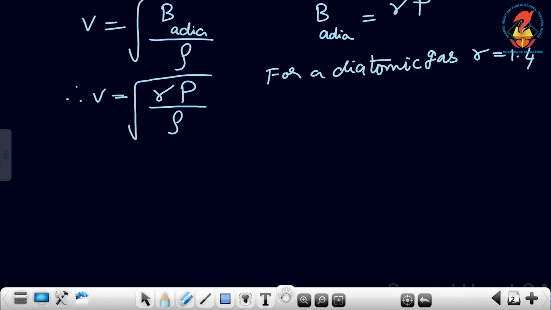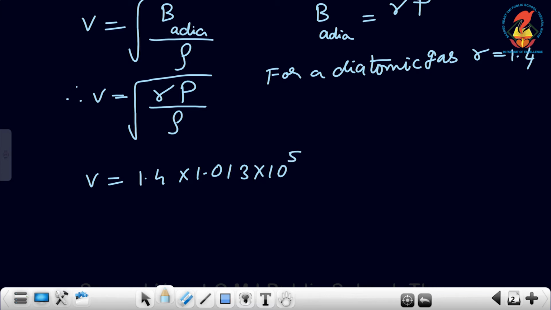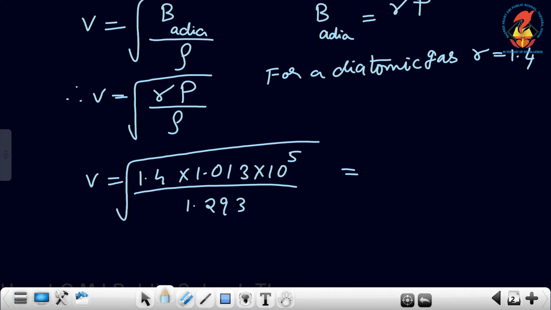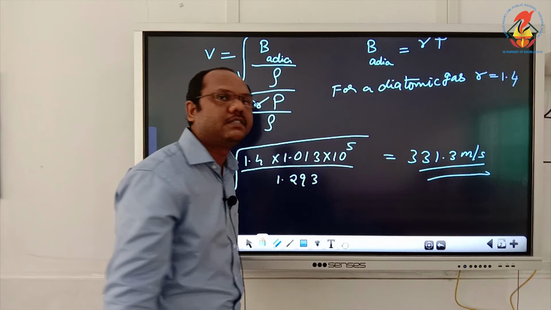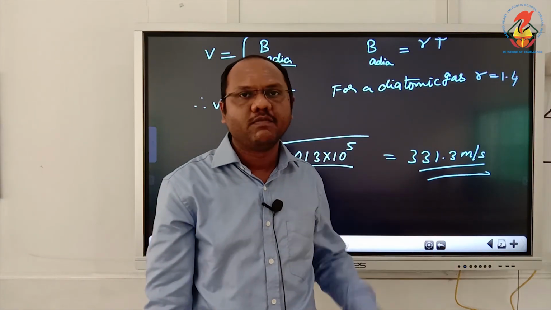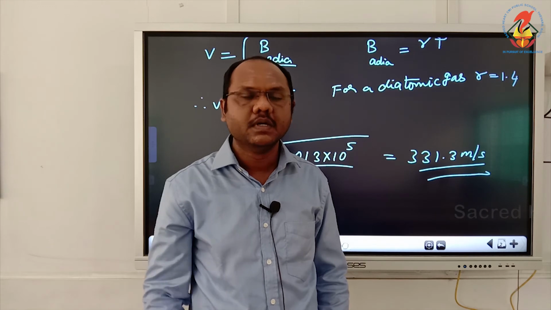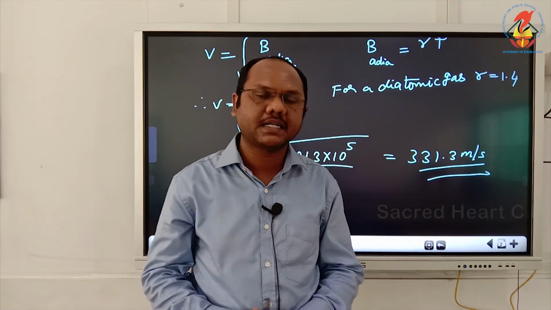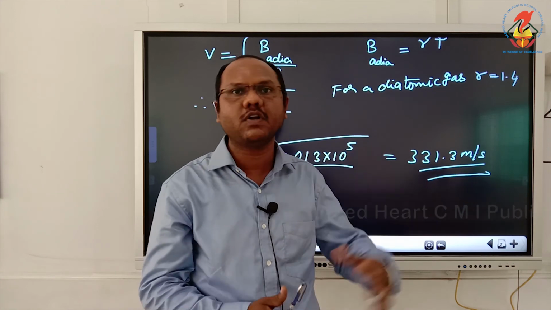So, he put the values, and when he calculated it, he got the answer as 331.3 meter per second. This value is in close approximation with the experimental value. So, Newton's Laplace formula is the correct one, and we are using this formula for all our calculations.